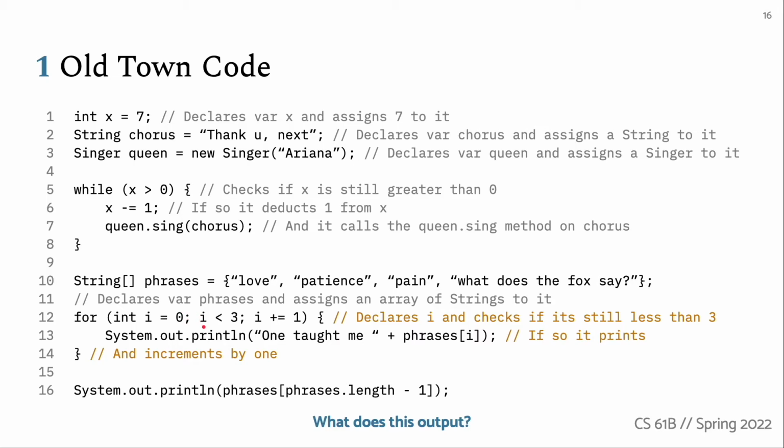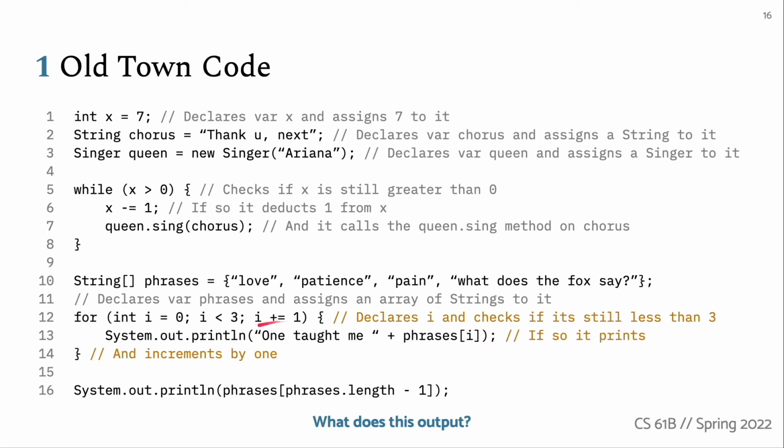Next, what you're saying is, I want to keep looping until I is no longer less than 3. So this is the loop condition, and it's again the same as what you have in this while loop up here. It's just put in the middle of this larger clause. And lastly, you have the incrementation. So the incrementation here is I plus equals 1, which means you're going to be incrementing I by 1 every step.